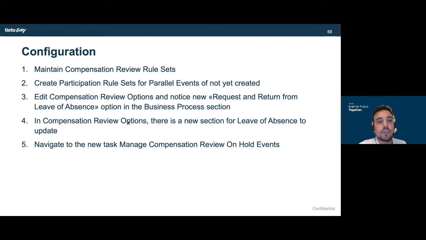And then you also have in the compensation review options a new section for leave of absence to update, so if you want to place the awards on hold or not. If you activate it, you have a new task called manage compensation review on hold events.